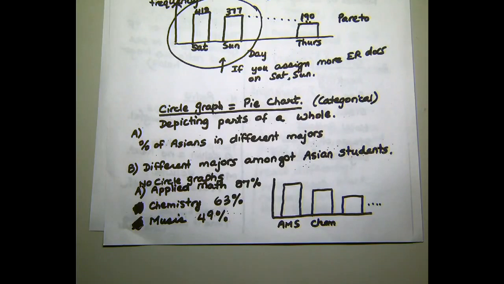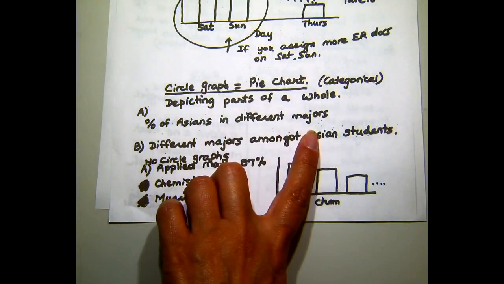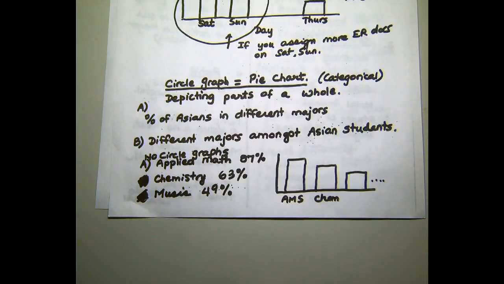W-H-O-L-E. So look at these two examples: the percent of Asians in different majors. Can I use a circle graph? So AMS, we are 95% Asian.